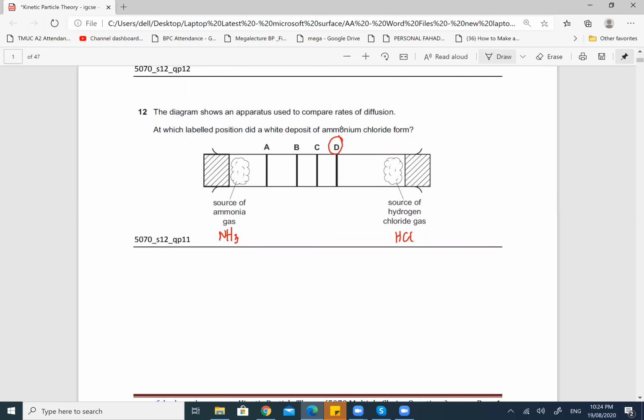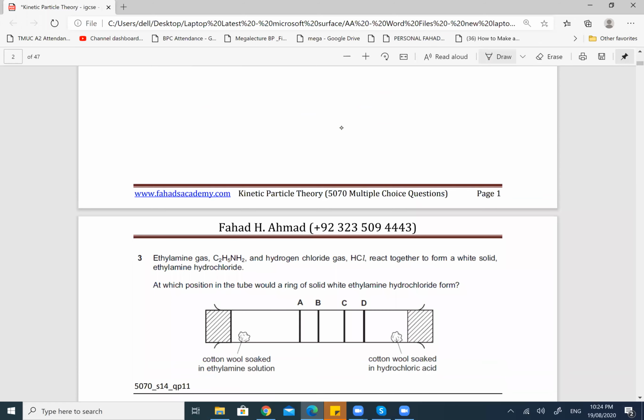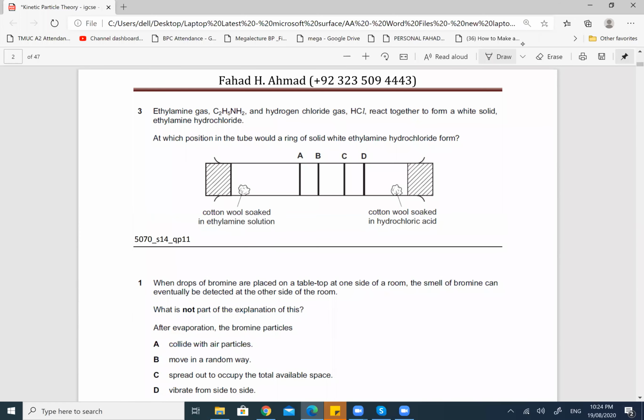So the next question is somewhat similar. There is ethylamine gas, and he's saying the same thing, that they form a white solid when they react. The formula is C2H5NH2. This is the gas being released, and over here there's HCl.